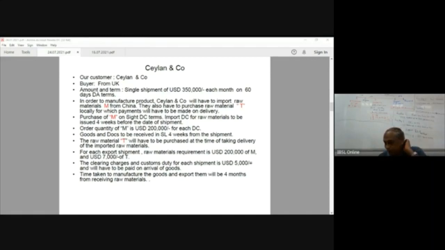So that is why, if you are discounting collection bills, you have to be very, very careful. Normally, if the customer is doing business on collection, then we are not entertaining any pre-bill purchases.